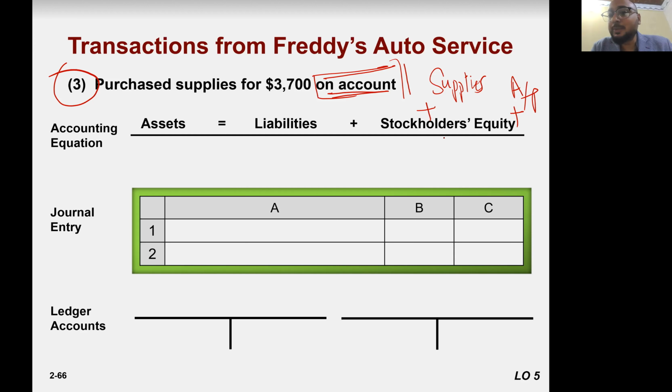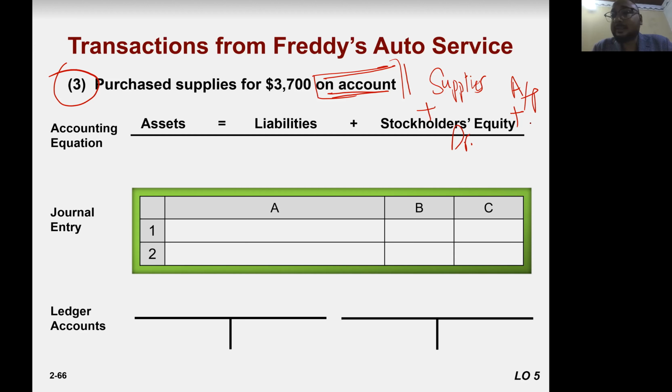So supplies increase means debit or credit? Guys, I need your participation, everyone. Supplies increase, debit or credit? Debit. Well done. Accounts payable increase means credit.